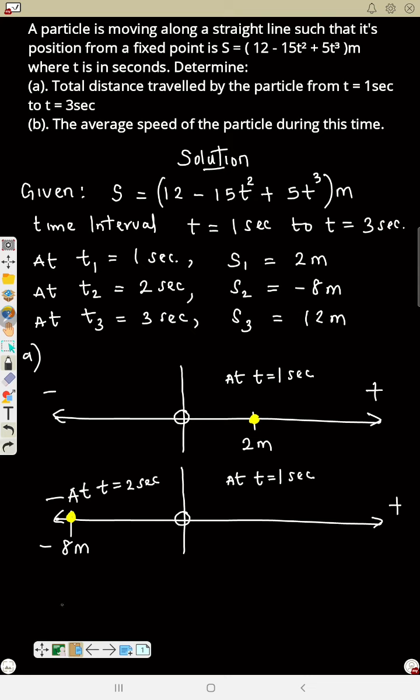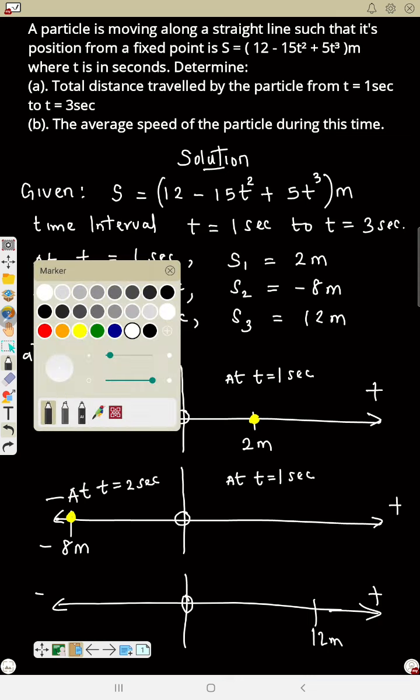So origin, here is minus, here is plus. Now at 3, the particle is at 12, that's plus 12. So let's call this place 12 meters, like this. So now the particle is here.